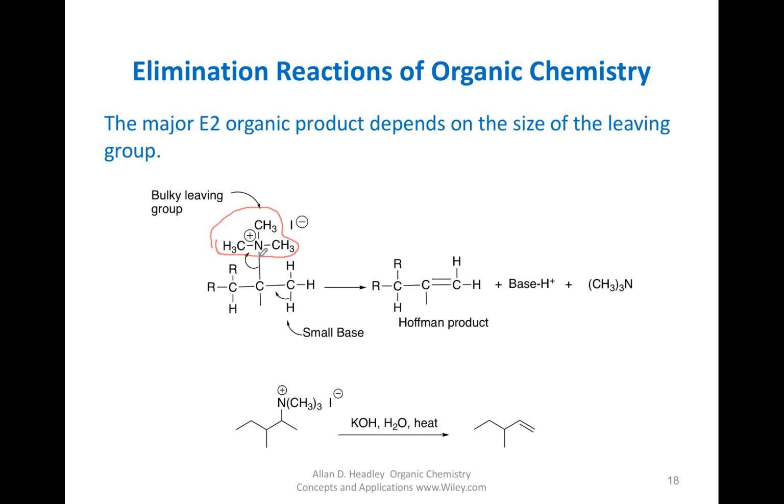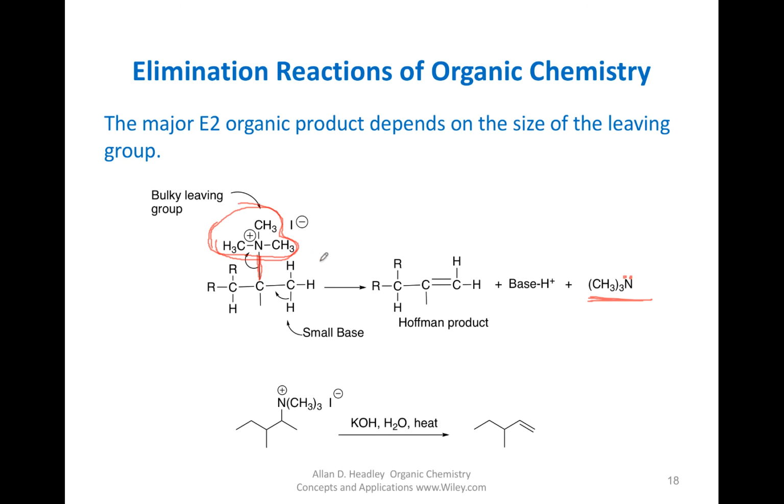Because after it has left, and I'll put the two electrons here that it's taken from this bond, this is a very stable conjugate base, trimethylamine, a stable base, which means that this is a good leaving group. But it is a bulky leaving group.